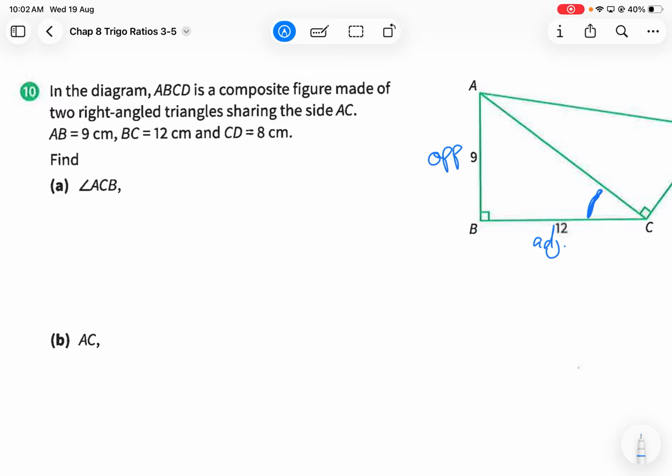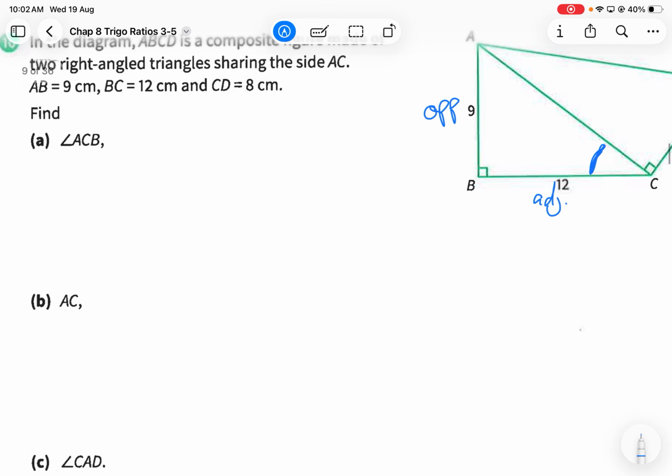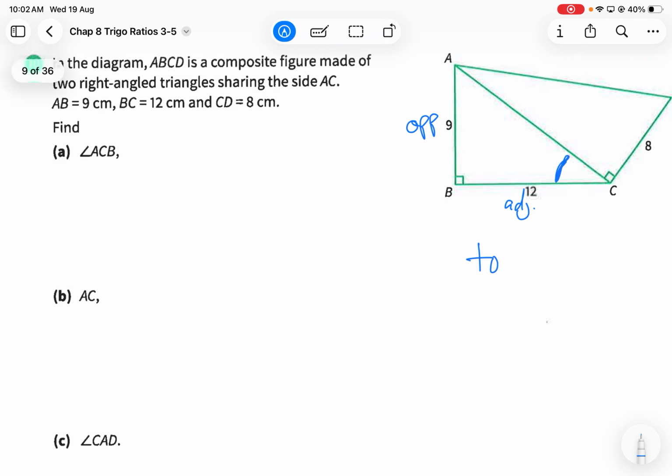Once you have established your opposite and your adjacent, these are the two sides I want to use to find my angle. I can write down the equation. Opposite, adjacent, so I go to my Tua Kaso.